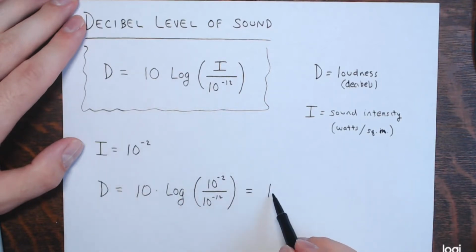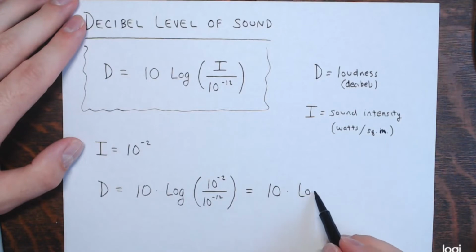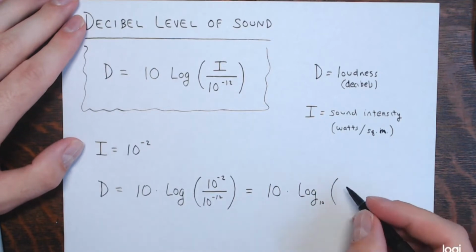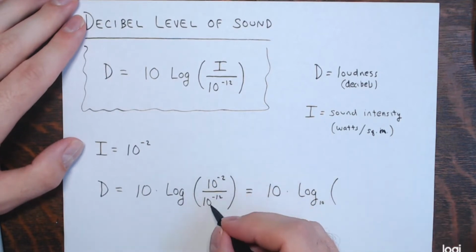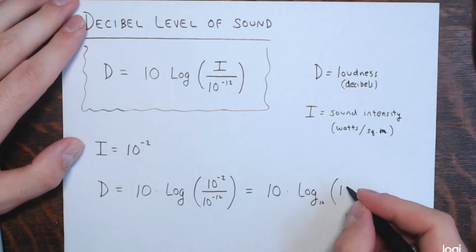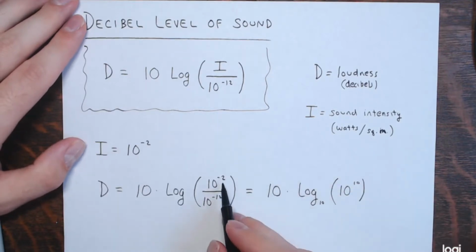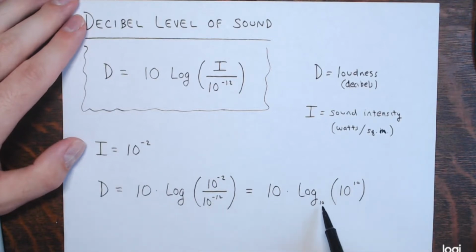Now this would be 10 times the log base 10. And if you want to write base 10, you can. Right? Remember, the log without a base is log base 10. And then 10 to the negative second divided by 10 to the negative 12th would be 10 to the positive 10th power. Right? Negative 2 minus negative 12 would be negative 2 plus 12, 10 to the 10th. And then 10 to what power is 10 to the 10th power? Well, this would just be 10.